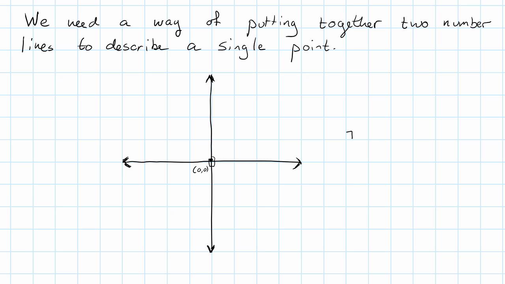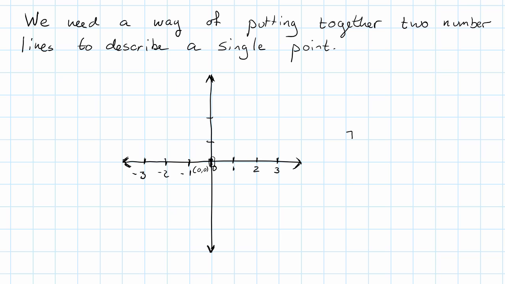That is, where I put the 0 on one number line. So my horizontal number line is 0, 1, 2, 3, and then off to the left, -1, -2, -3.